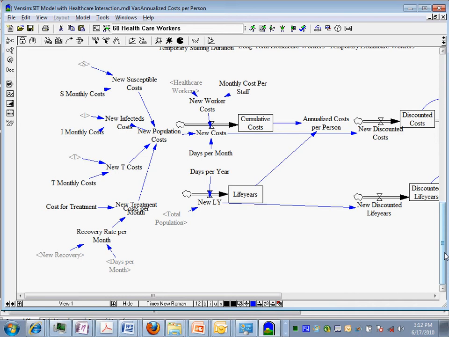And different models will have different scope of what they include as part of the cost. Another important question here, and this is not something I want to go into today, but are you taking into account costs to society, or costs borne to the individual, or costs borne to the local healthcare system or provincial system? Because those are going to be different levels of cost. If you're talking about something like someone with TB, there may be certain costs they bear out of pocket.